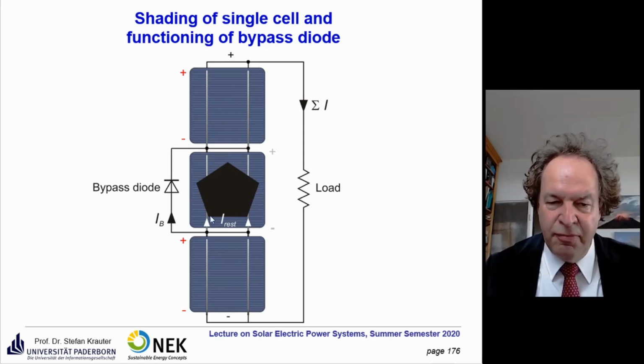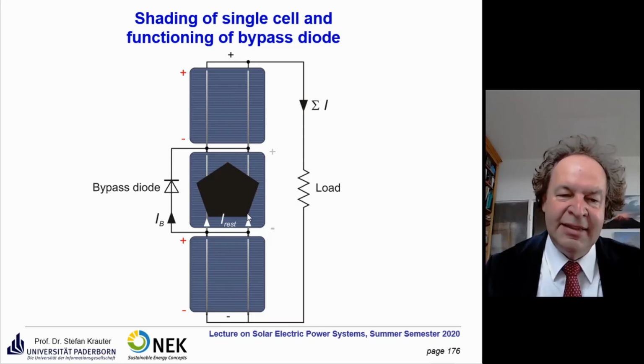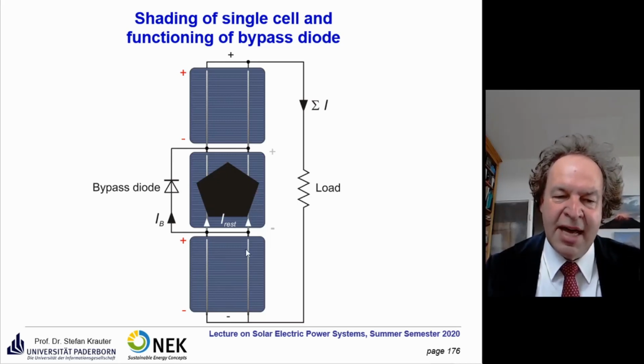Consider the most extreme case, if we cover it by 100%. 100% cover means that there is no current at all anymore from that cell. That means it's like an open circuit here. There is no current flowing anymore through that, and you can consider that an open circuit, as I mentioned already.